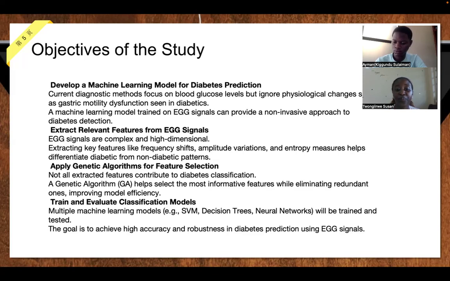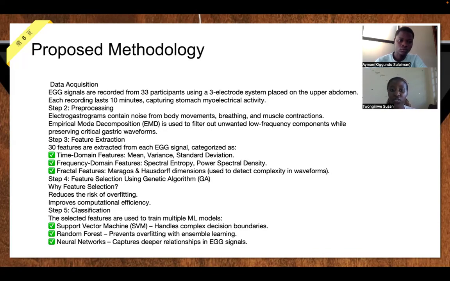And then train and evaluate classification models. Multiple machine learning models will be trained and tested, and our goal is to achieve high accuracy and robustness in diabetes prediction using EGG signals. Our proposed methodology, I'm going to list. We'll have data acquisition, with patients and participants, extracted from healthy and non-healthy groups.